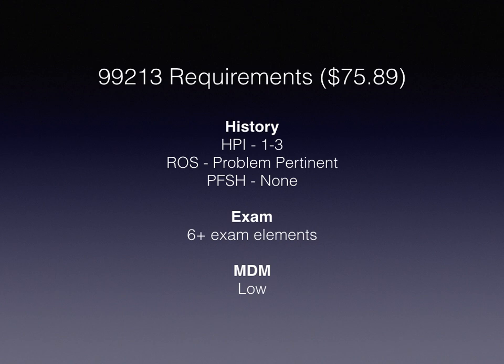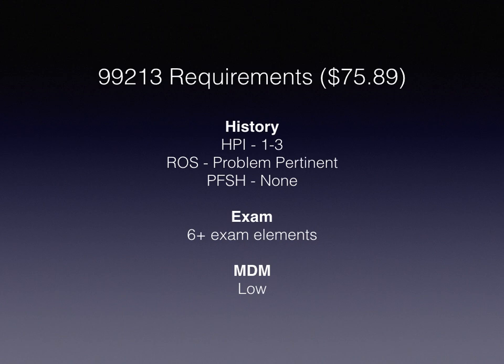The 99213 requirements. History, again, your HPI is only 1 to 3 elements. Review of systems changes here in that you have to do a problem pertinent review of systems. So you could just make a comment about the ocular system, and that takes care of it, or if a patient happens to be diabetic, make a note of that, and or hypertensive, same thing.